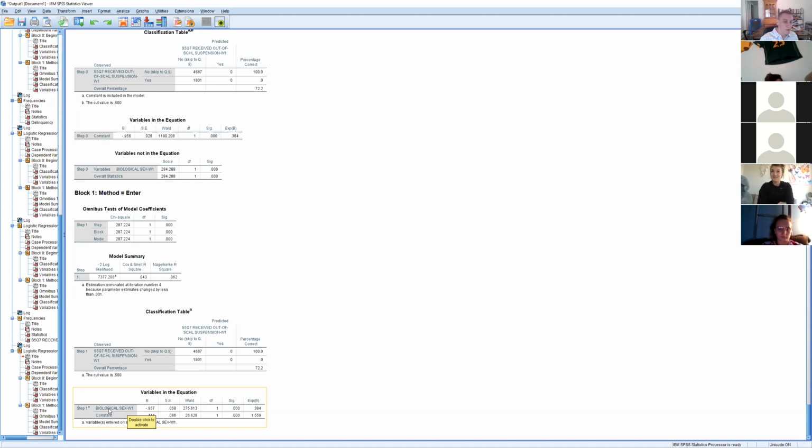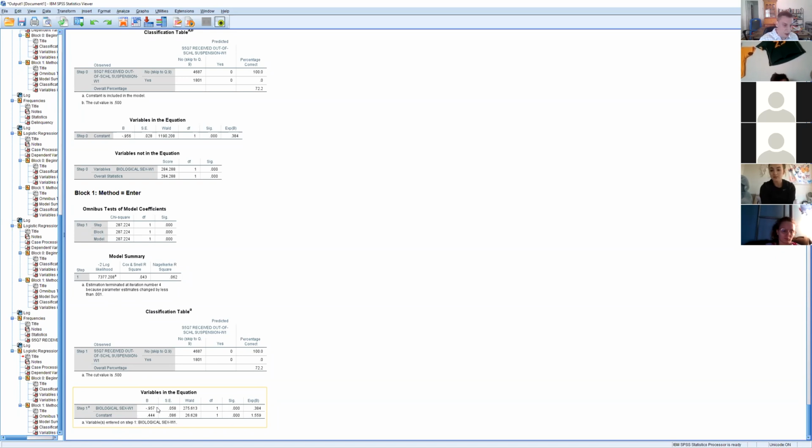If you recall, biosex in this SPSS data is measured 1 for male and 2 for female. So when you say for every unit increase in biosex, you're going from male to female. And so what this is saying is that females, coded as 2, compared to males, coded as 1, have a lower log odds of being suspended from school compared to males.